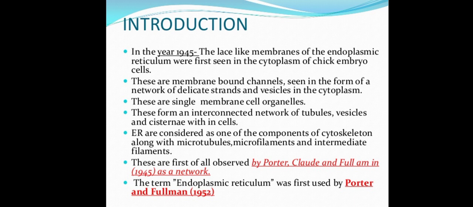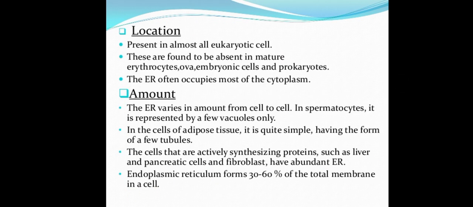Endoplasmic reticulum is considered one of the components of the cytoskeleton along with microtubules, microfilaments and intermediate filaments. Location: most endoplasmic reticulum is present in all eukaryotic cells. It is absent in mature erythrocytes, egg cells, red blood cells and bacterial cells.